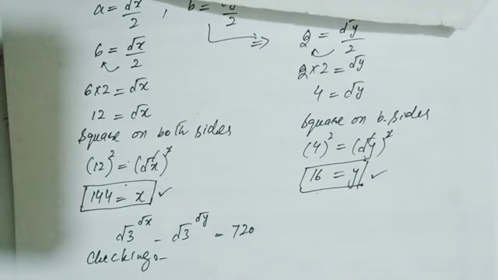For x is equal to 144 and y is equal to 16, square root 3 to the square root of 144, which is 12, minus square root 3 to the square root of 16, which is 4, equals 720.